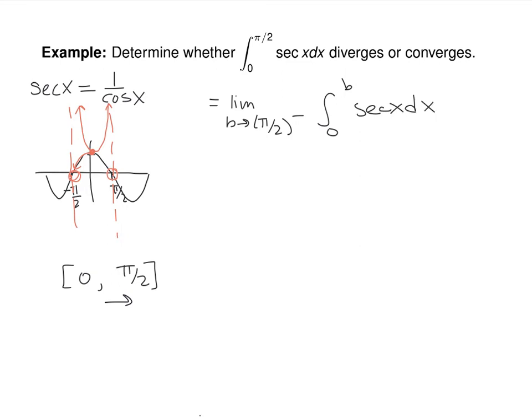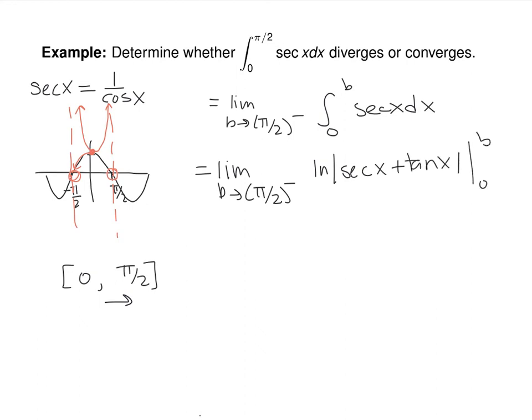And you don't have to memorize this formula, but you might end up doing it whether or not you want to because it comes up often enough. The antiderivative of secant is ln absolute value secant x plus tan x, evaluated from 0 to b.